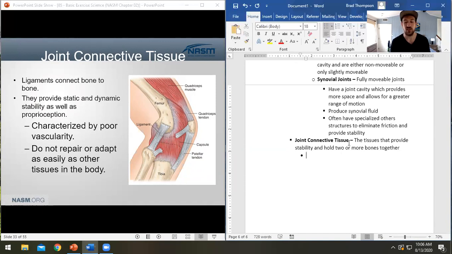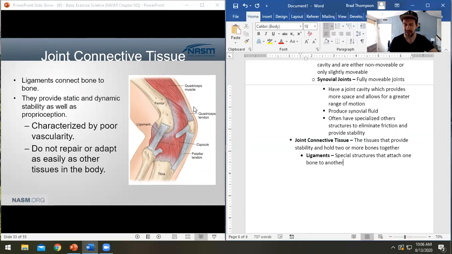The classic example are things like ligaments, right? Ligaments are going to be special structures that attach one bone to another, right? So that's what a ligament is. It's there to connect bone to bone.